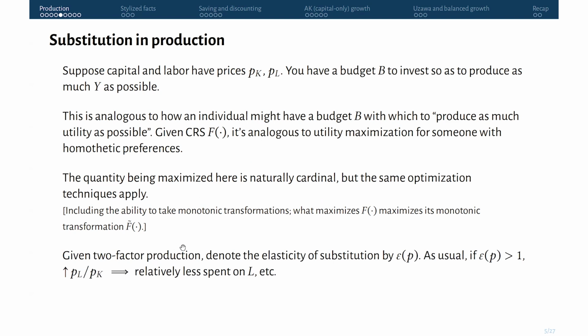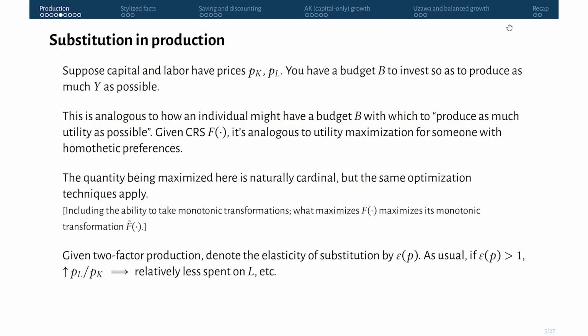Now, given two-factor production, as we've been working with, we can denote the elasticity of substitution between the factors locally around some price vector P by epsilon of P. And as usual, if that elasticity of substitution is greater than 1, then an increase to the relative price of labor will mean that relatively less is spent on labor.